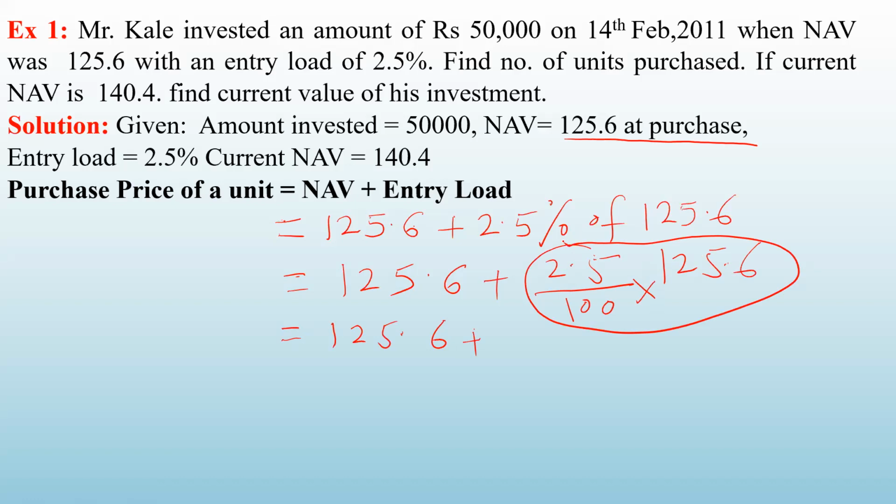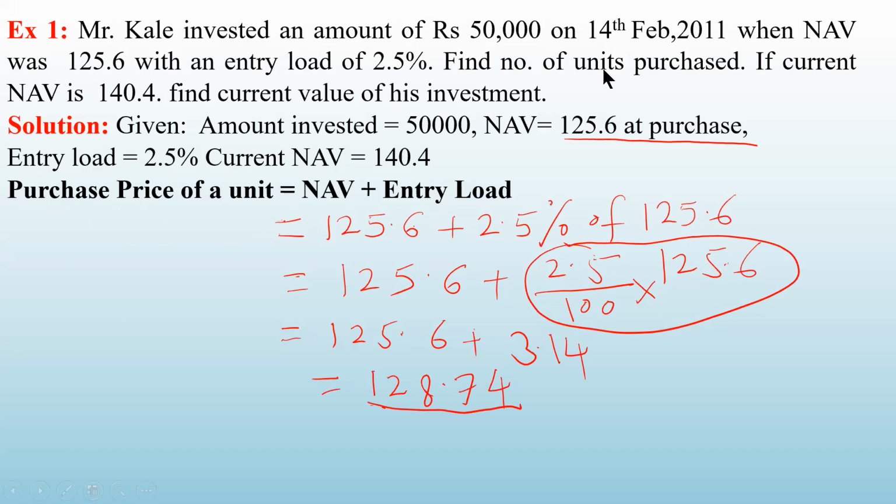You will get 3.14. And when you add this to 125.6, you will get 128.7. So this is the purchase price of 1 unit of the mutual fund. So we found out the purchase price of a unit.